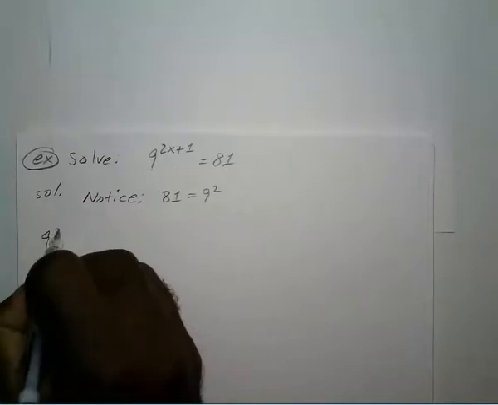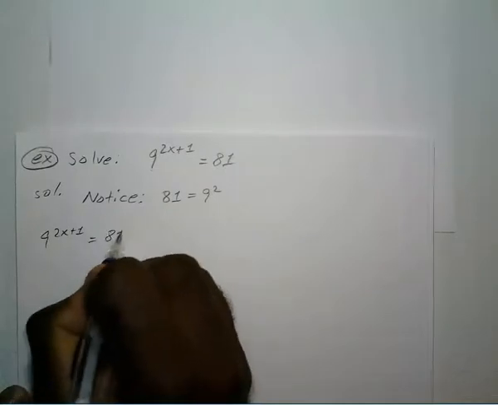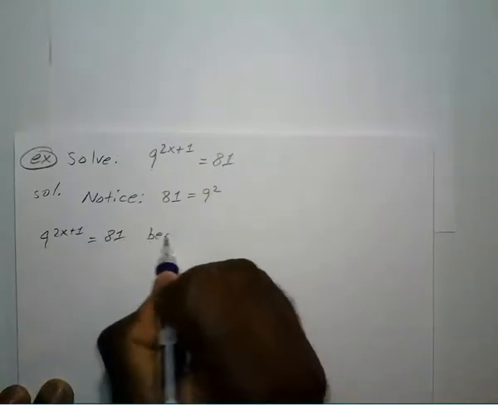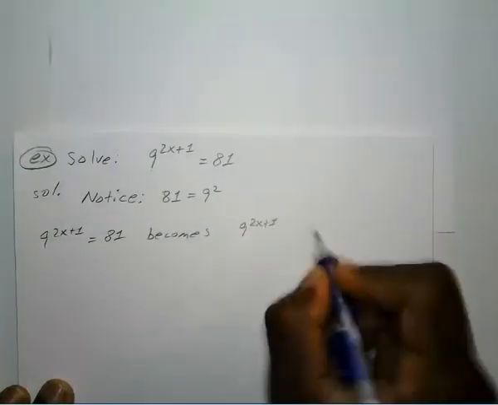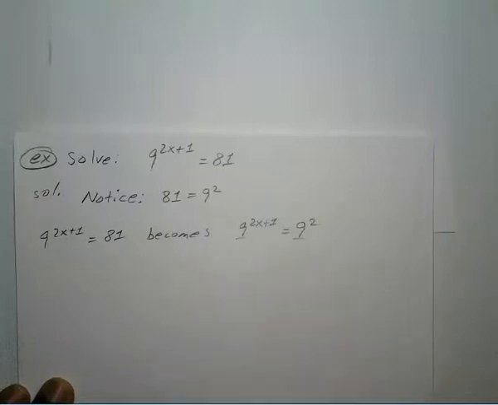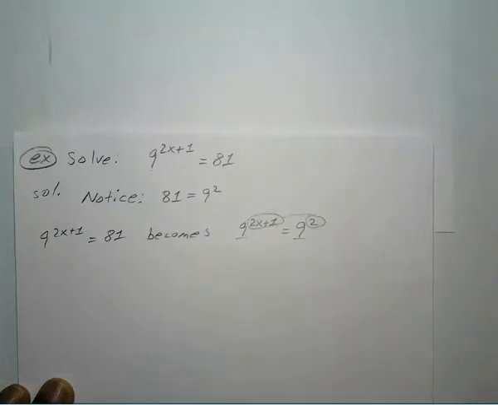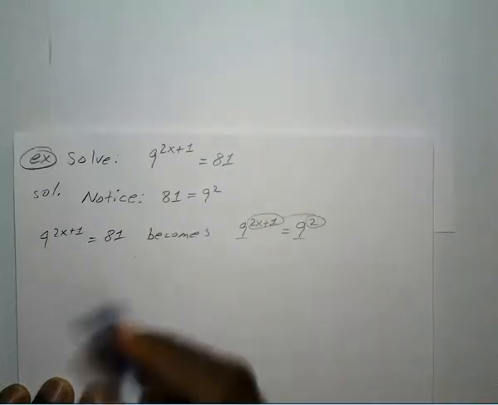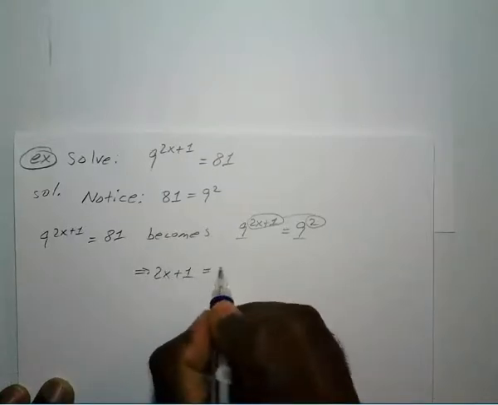So 9 to the 2x plus 1 power equals 81 becomes 9 to the 2x plus 1 power equals 9 squared. Our bases are the same, so when our bases are the same, this can only be equal if those two are equal. That means 2x plus 1 has to equal 2.